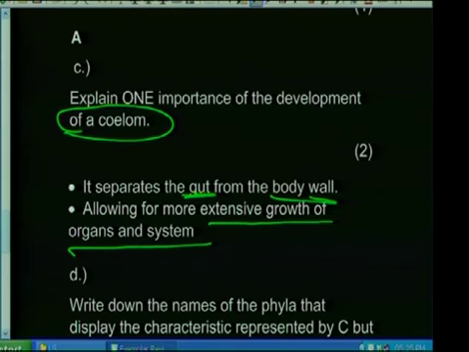In addition to that, it also acts as a hydrostatic skeleton because it has coelomic fluid inside in some organisms. Not in all organisms, but in some organisms you're going to get the coelomic fluid, so it acts as a hydrostatic skeleton for that organ as well.